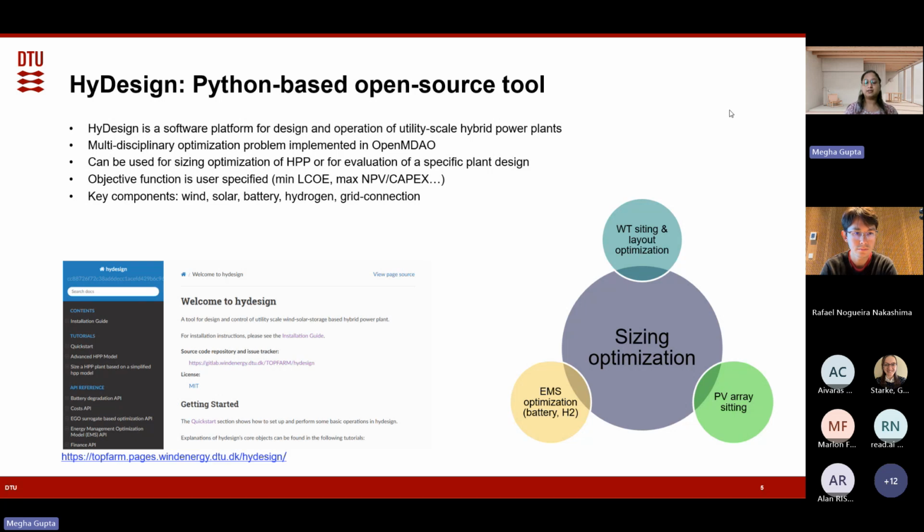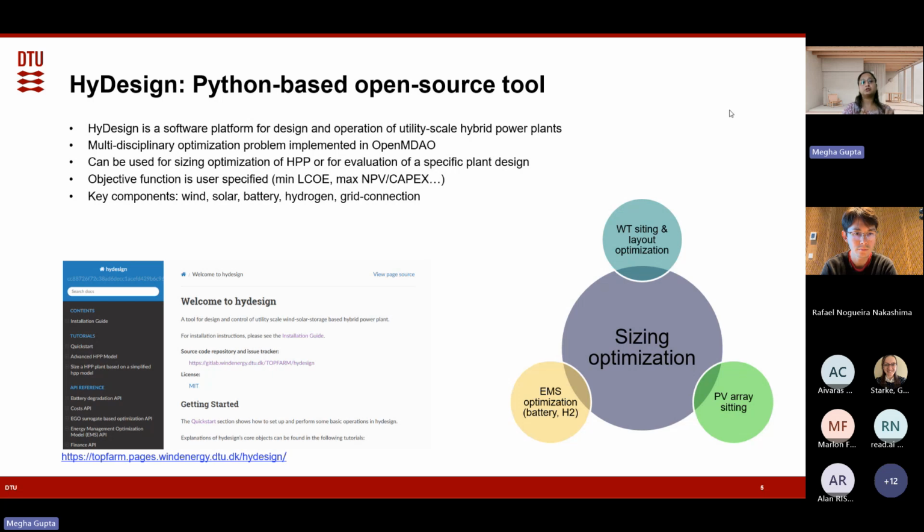I'll show you how this is implemented in the next slide, but that is just the background on how the whole design and operation of such multi-technology hybrid power plants is modeled in the tool.